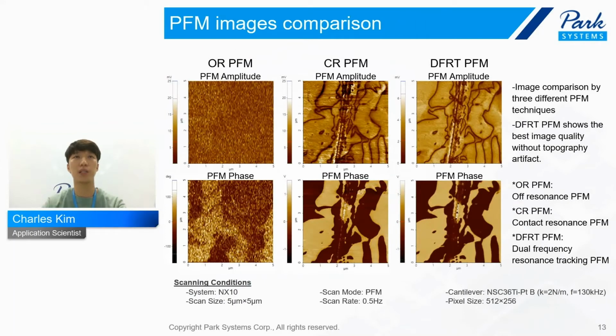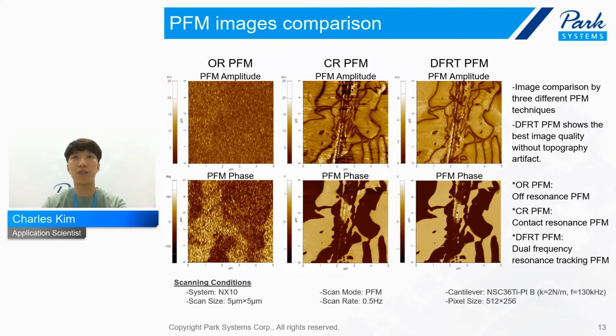So here are example images of off-resonance PFM, contact resonance PFM, and DFRT-PFM. By using the off-resonance PFM, the signal is very weak and the result is very bad. But by using the contact resonance PFM, we can measure a very clear image. But you can see some horizontal stripes. We can guess this is the crosstalk from the topographical information.